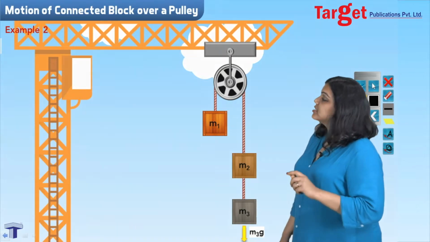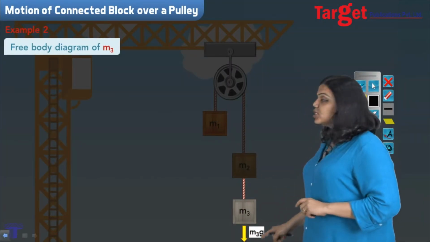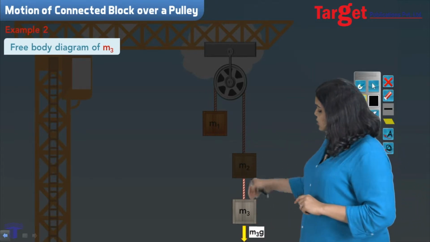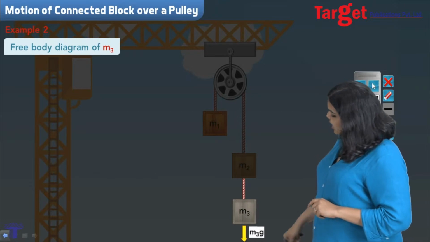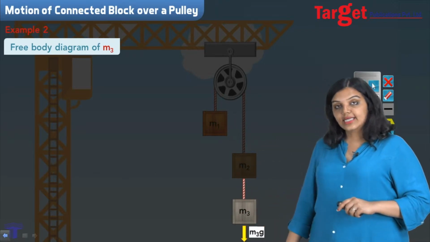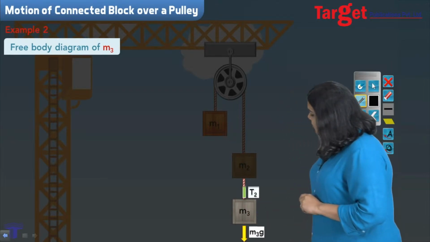So I look first at the free body diagram of M3 and assume that M3G is the first force in the direction of motion. And therefore I say that the forces acting on the block M3 are the weight M3G acting downwards, but there's also the tension of this string acting upwards.